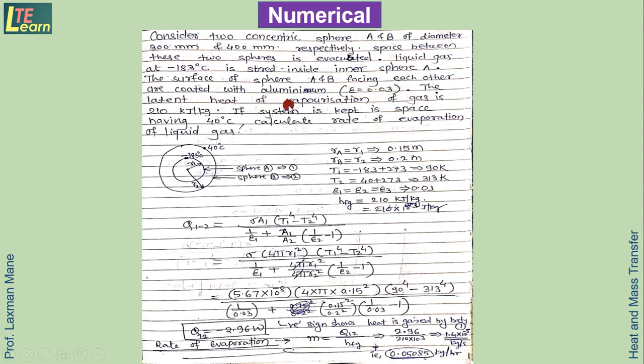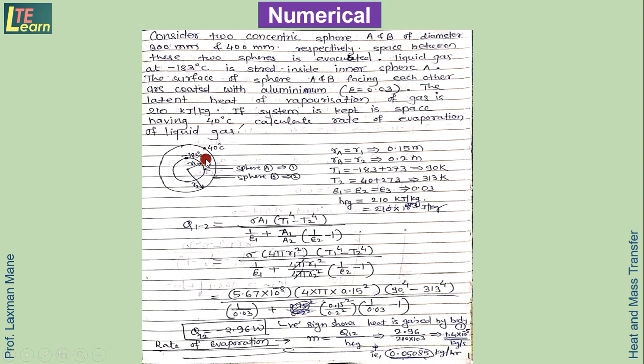The latent heat of vaporization of the gas is given as 210 kilojoule per kg. If the system is kept in space having temperature 40 degrees Celsius, calculate the rate of evaporation of liquid gas.